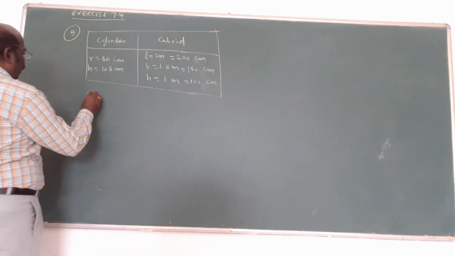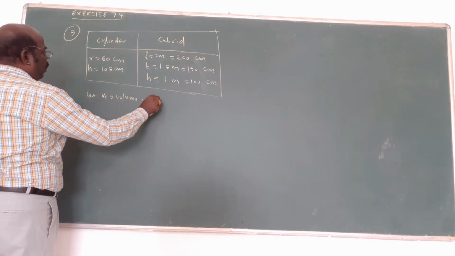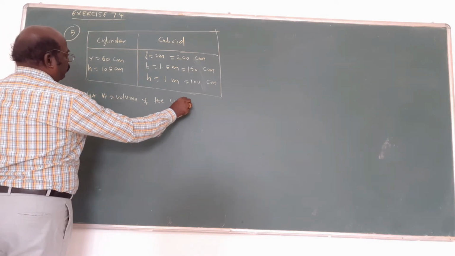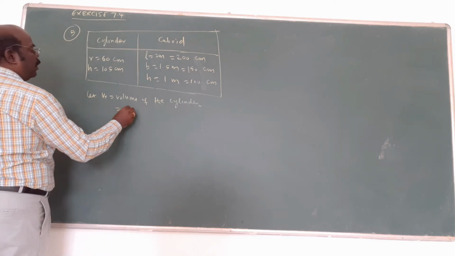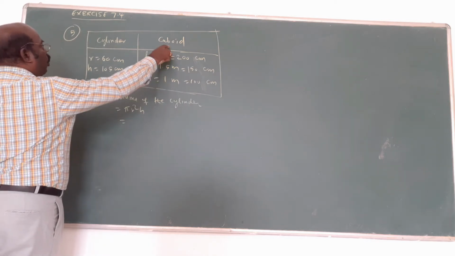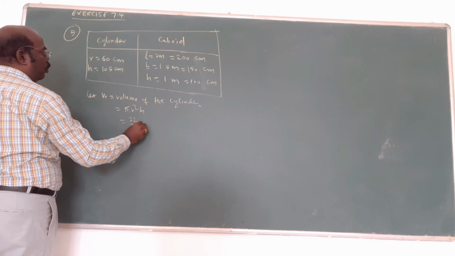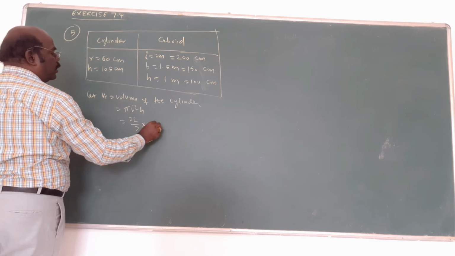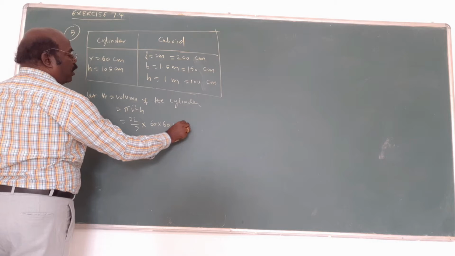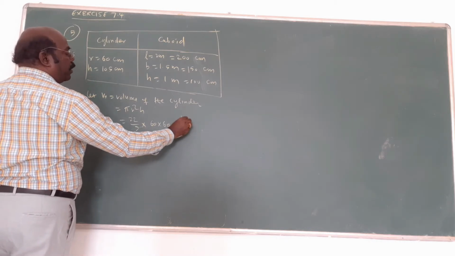Now, first one is the volume of the cylinder. What is the formula? Pi r squared h. Put the values: pi is 22 by 7, r squared is 60 into 60, and h is 105.